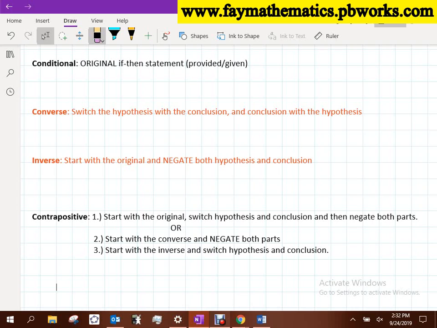Everything mathematically that you've learned since you started math, in whatever grade it was, second grade, first grade, whatever, the rules that you are learning are provided or constructed using this idea of an if-then statement.